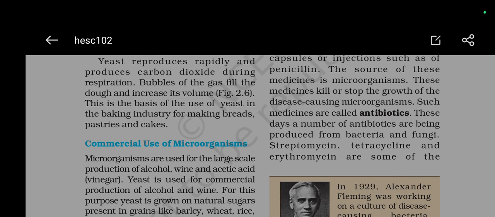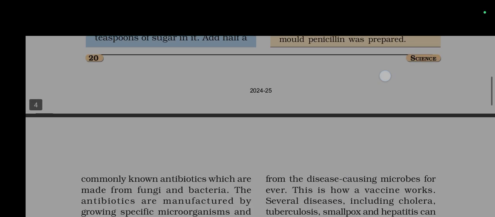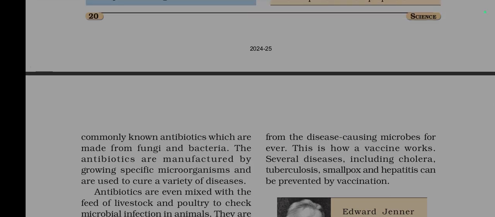So these antibiotics, streptomycin, tetracycline and erythromycin, are produced with the help of fungi or bacteria.